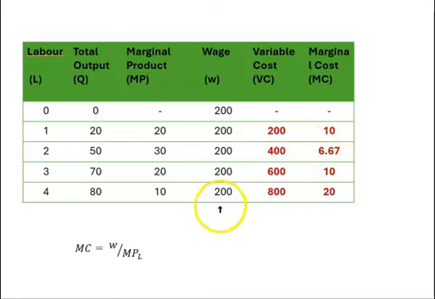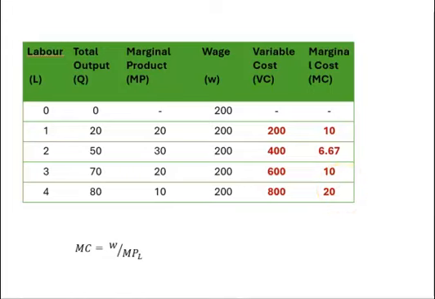The law of diminishing returns starts when adding the third and the fourth labor. We can see that from the third labor, it starts decreasing. From 30, it becomes 20, and then it becomes 10. And as marginal product falls, marginal cost increases from 6.67 to 10 to 20.